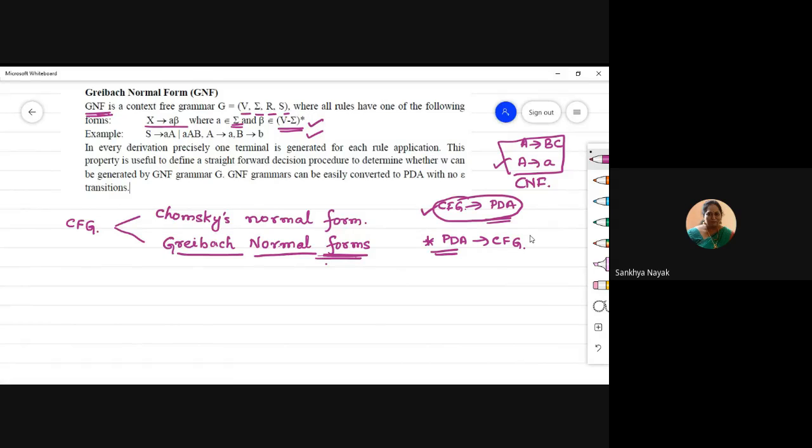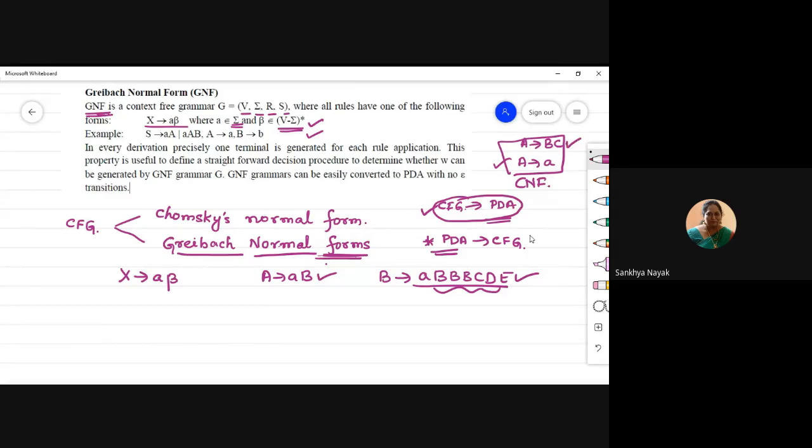So it's actually easier to write than Chomsky's normal form. For example, A derives AB is okay, or B derives ABCDE is also okay. There is no restriction on length like in Chomsky's normal form.